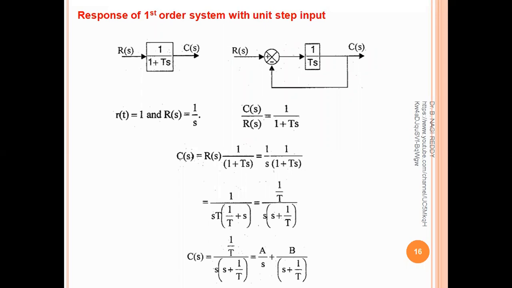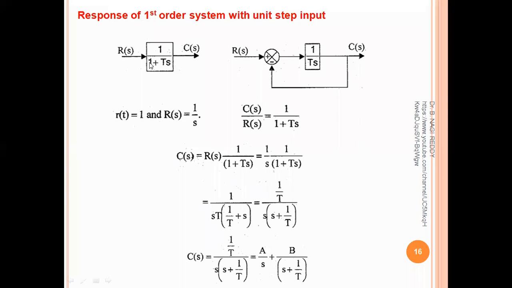So if we represent the same in the block diagrammatic representation, if we can represent our first order system in open loop form or closed loop form, so we can see this is the open loop form representation. Our order of the system can be determined based on the power of s in the denominator, right? You can see here we have s power 1 only. That means this is first order system.